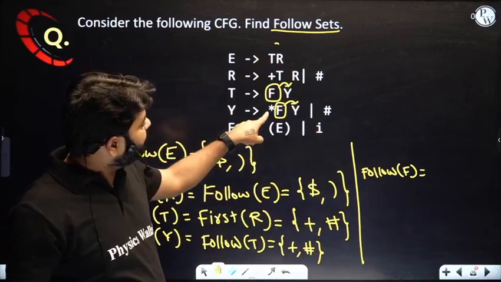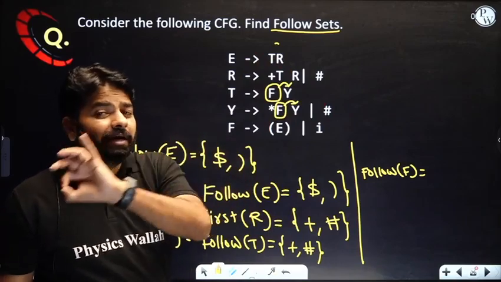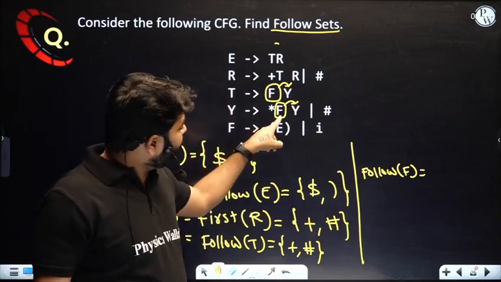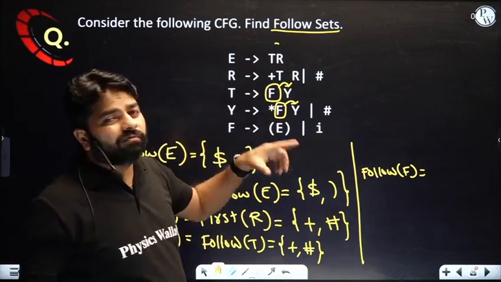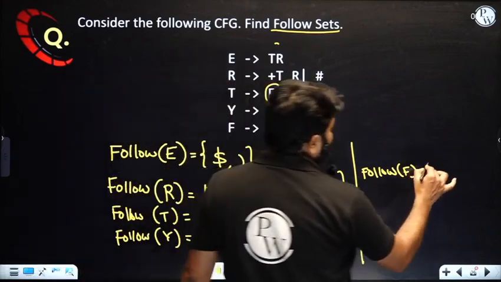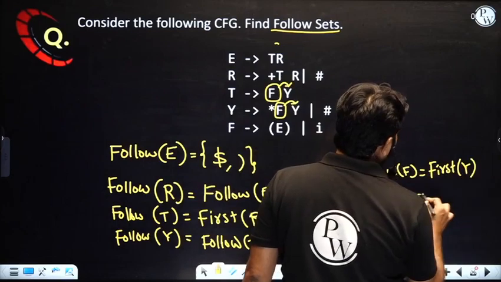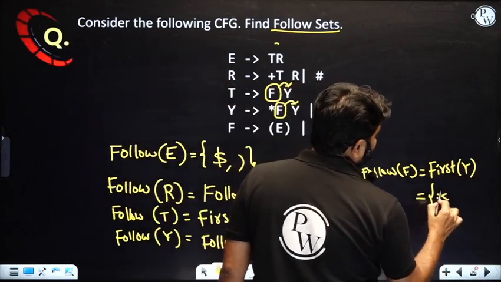Yes, Y always gives star or hash. In case Y derives epsilon, then follow of F might depend on follow of Y. But right now, both productions give follow of F as first of Y, which you already computed previously. What was that? First of Y is nothing but star, comma, hash. Done.